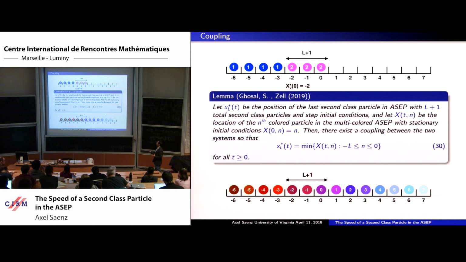So now we can think about these two models at the same time, and whenever we evolve our model with the second-class particle, it's going to evolve the same as the minimum of these 3 particles. In this case, we look at the first 3 particles here, and the evolution of this particle is going to be the minimum between these particles.